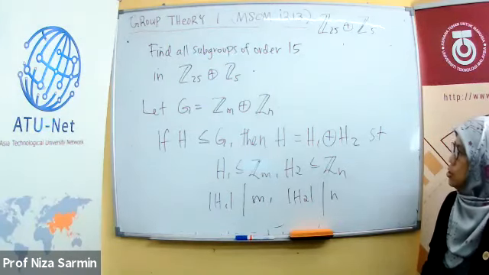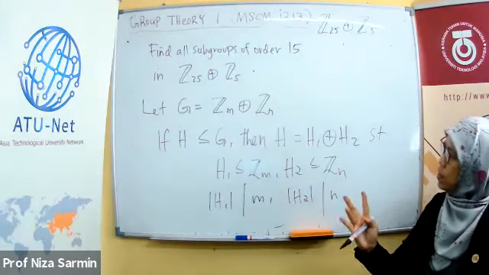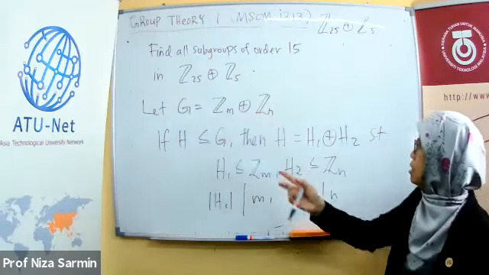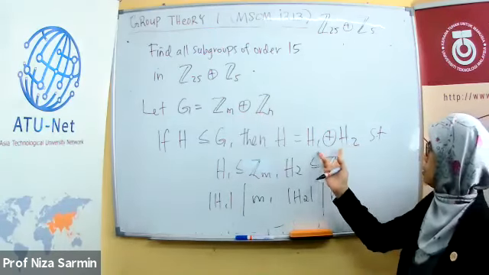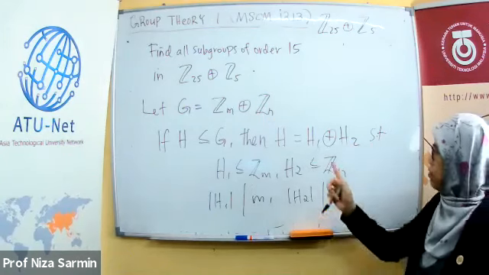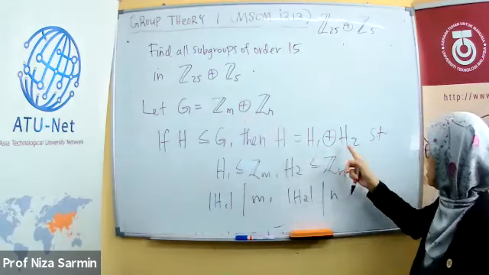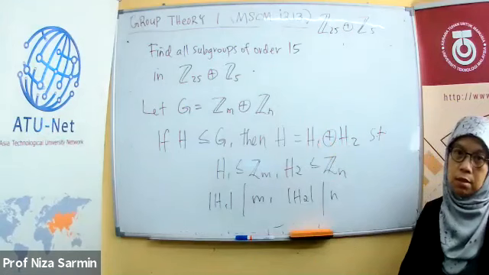So if you have a subgroup of the direct product, it is a direct product of subgroups, in which the first component is a subgroup of this, the second component is a subgroup of this.